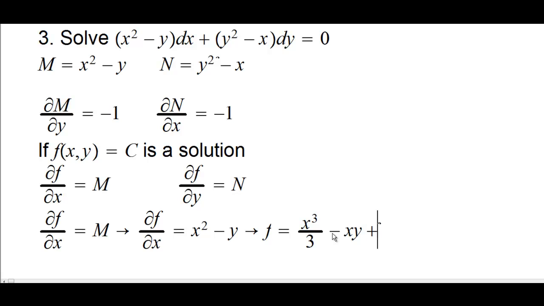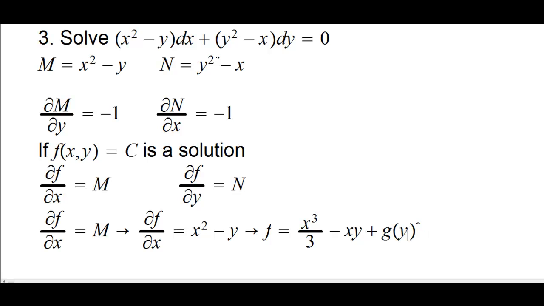A constant, right? Okay. Now, what do we mean by a constant here? In this case, we are treating anything that involves y, or not x, as constant with respect to x, right? Everybody fine? Okay, Sadek, is that good, sir? The constant in here can be a function of y.